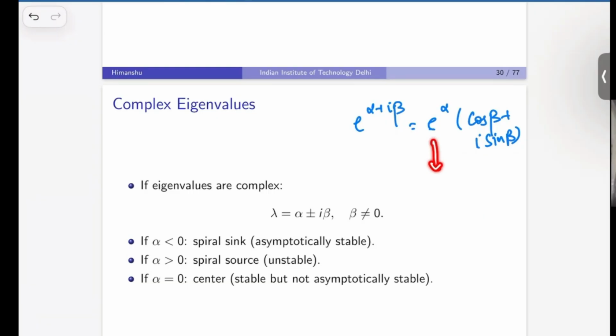When alpha is positive and t tends to infinity, it will diverge, so it will become unbounded. When my alpha is 0, then it will be a center because it is revolving around a single point.